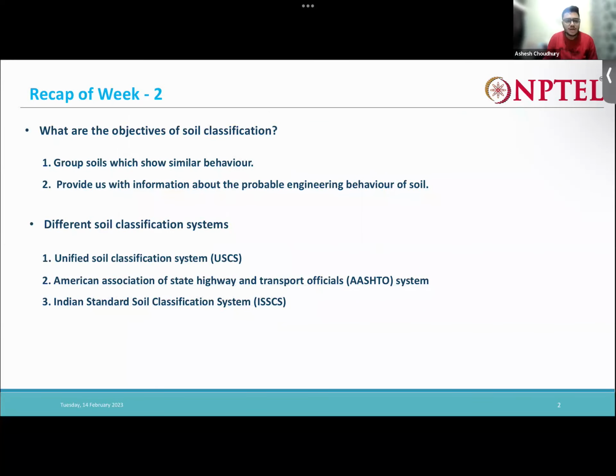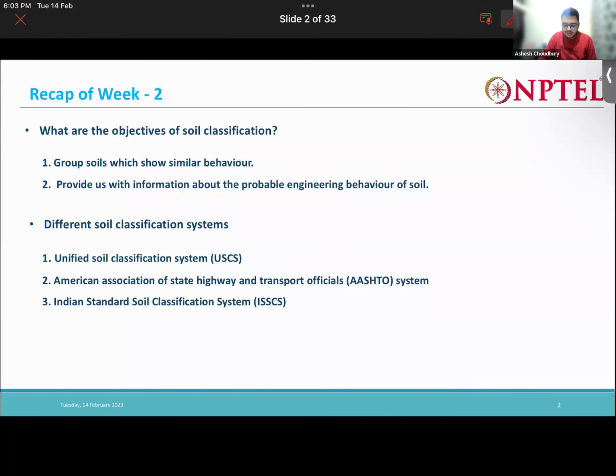The first thing which we learned was, what are the objectives of soil classification? So what is soil classification actually? Soil classification is nothing but to group soils which show the same kind of behavior. There are innumerable types of soil present around us. The main objective of soil classification is to group them.